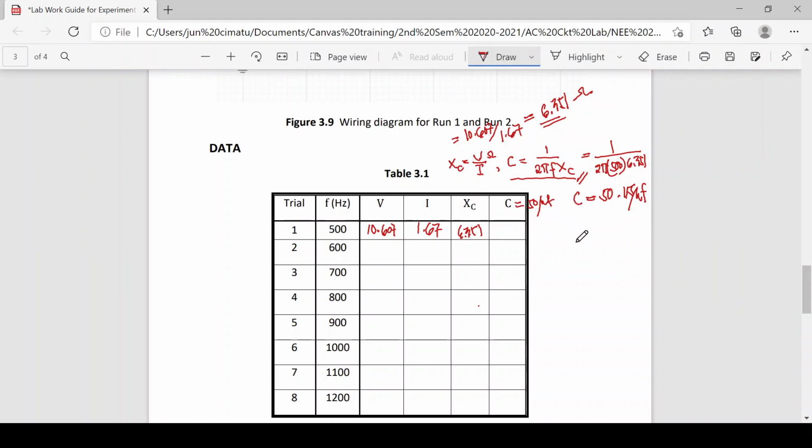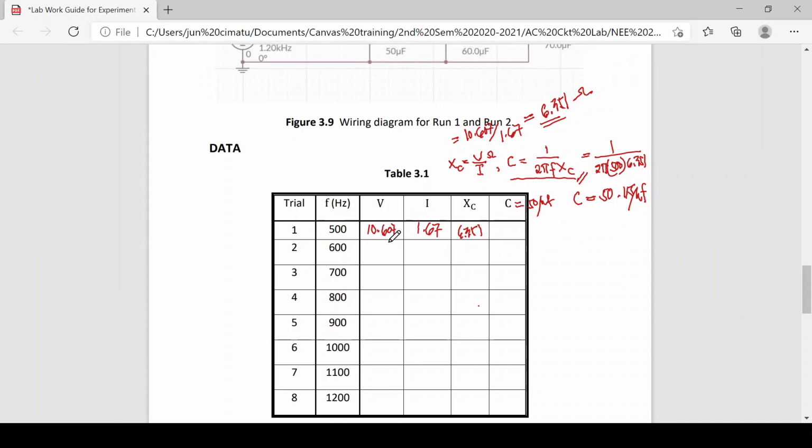There is some discrepancy, probably because of the decimal portion. We have truncated some values from the voltage and also from the current. Of course, it will affect the value. The difference from 50 microfarad is insignificant.